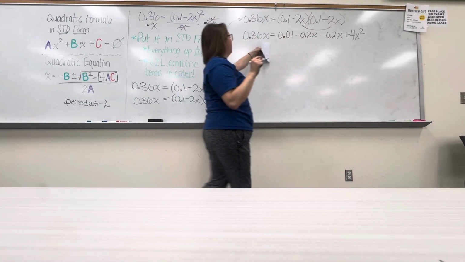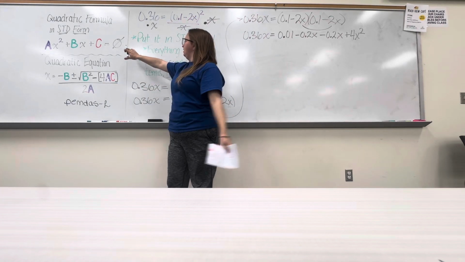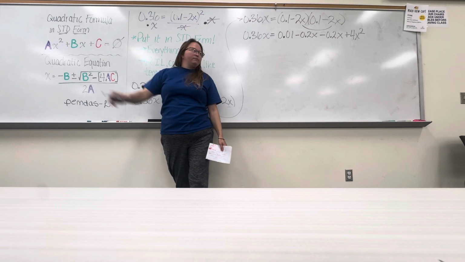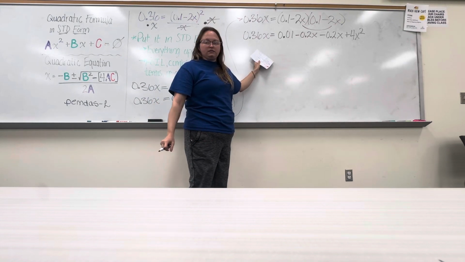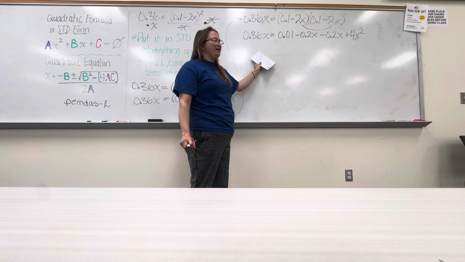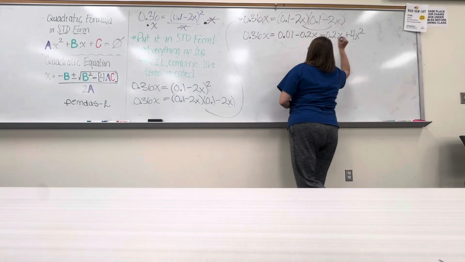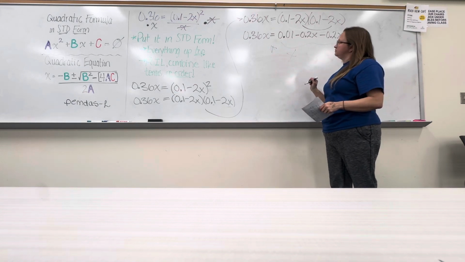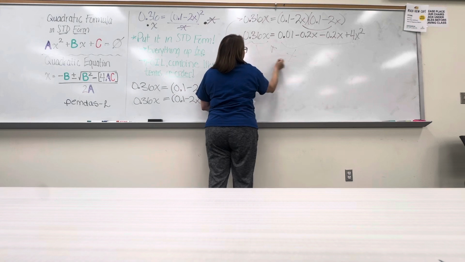Woohoo! Right? But what are we missing? Well, we're not equated to 0 yet. We need to equate this to 0. The fastest way of doing that is to move the fewest number of values. So instead of moving all of this over here, don't do that. Okay? We're just going to move this one little part over there.